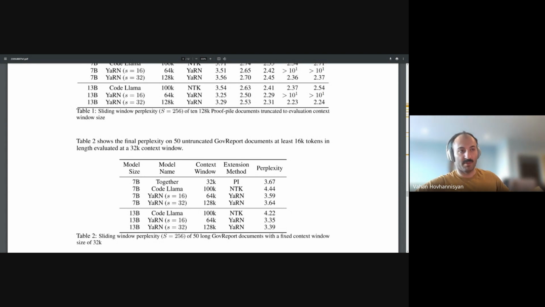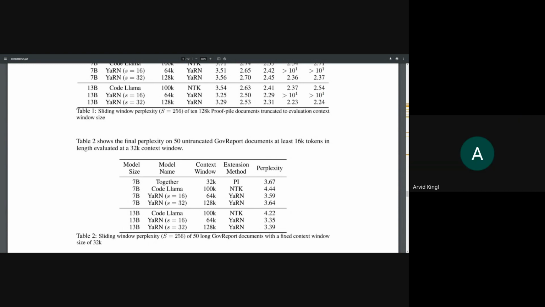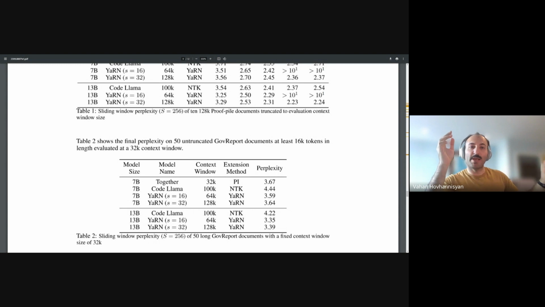So if you have, let's say, a 16K context window, and you give a context which is 100K, what happens here is that before the 16K, we only look at the position embeddings and not the actual embeddings, which I think is interesting, and that still helps the model quite a bit.